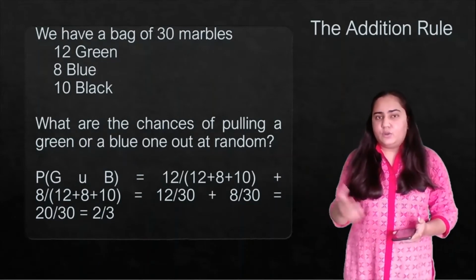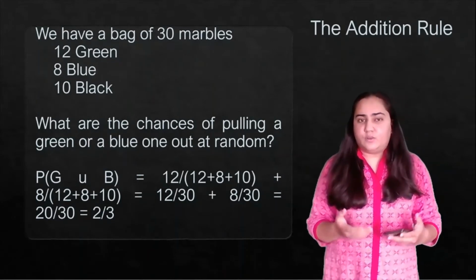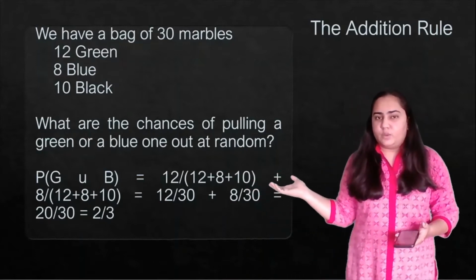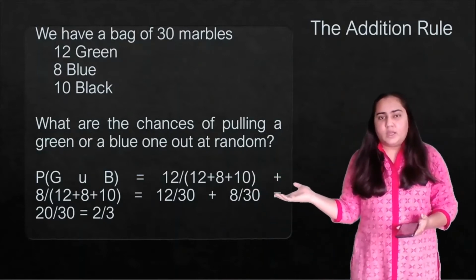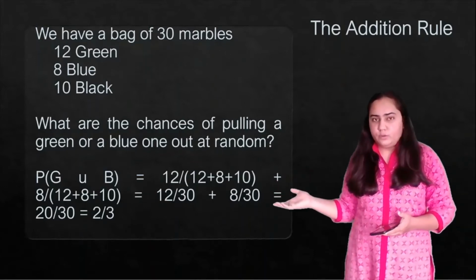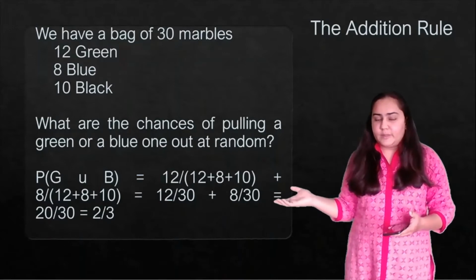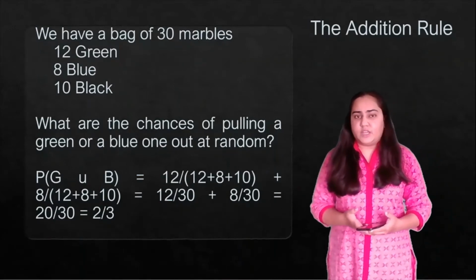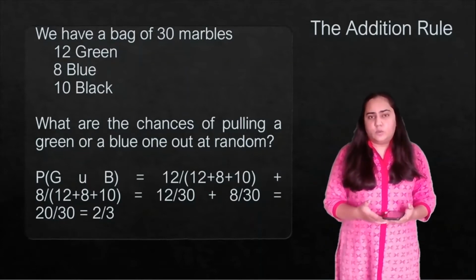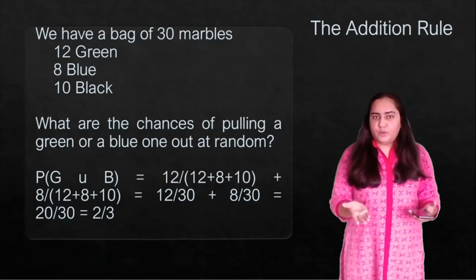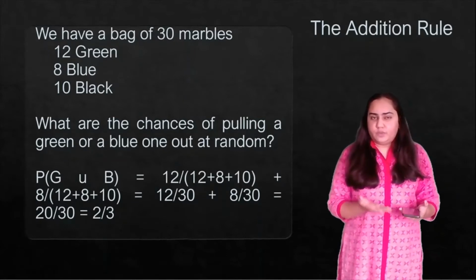Here you want to find the probability of getting either a green marble or a blue marble, so that is why we are using this formula. Using this, the probability of getting a green marble or a blue marble would be simply the probability of getting a green marble plus the probability of getting a blue marble. So what is the probability of getting green marbles? There are 12 green marbles and there are totally 30 marbles.